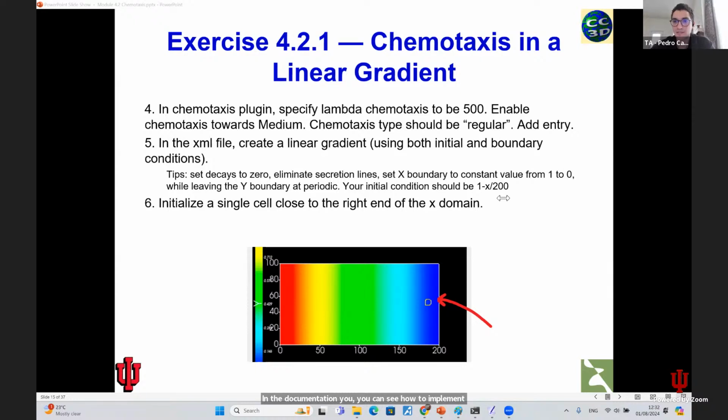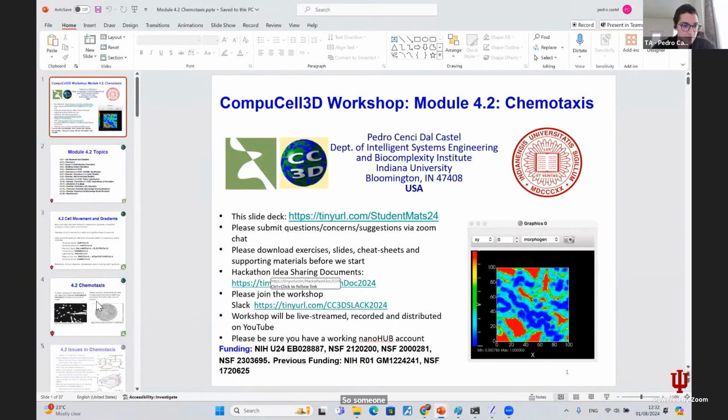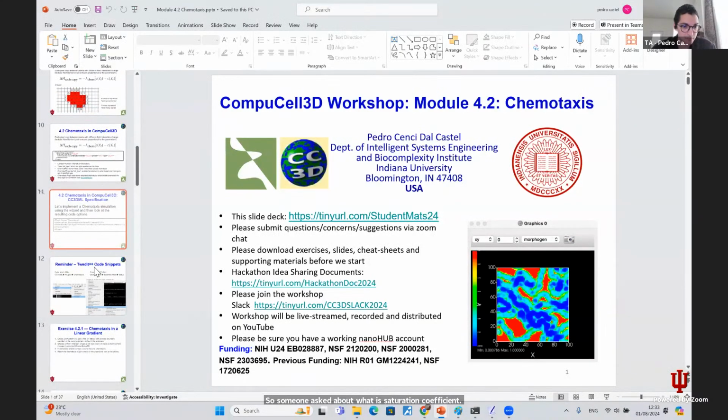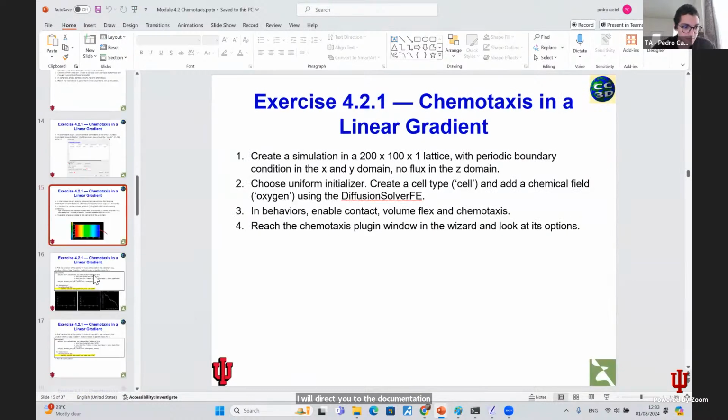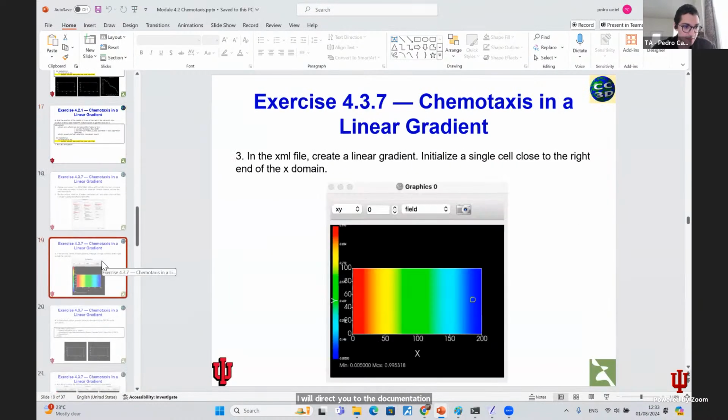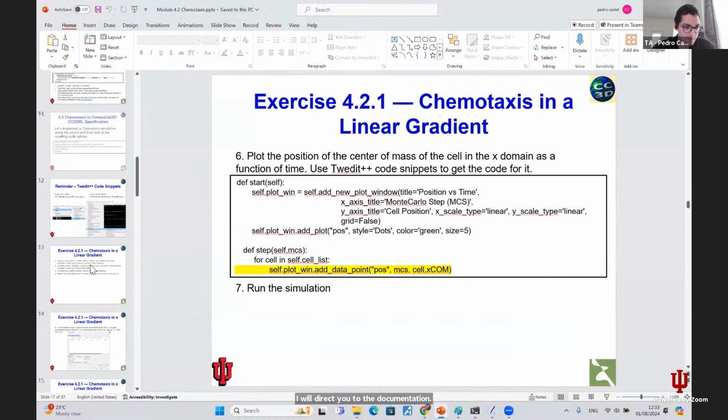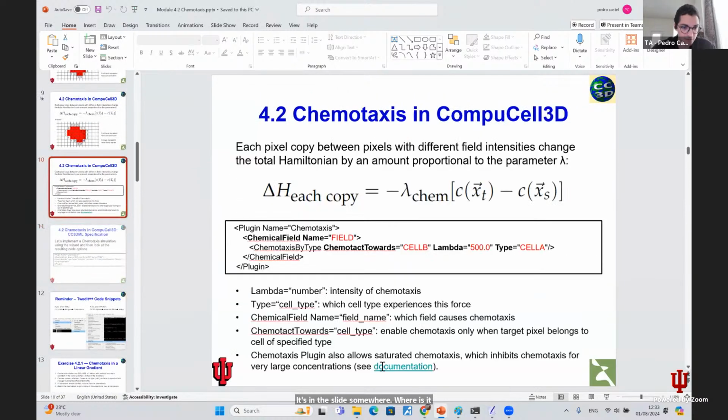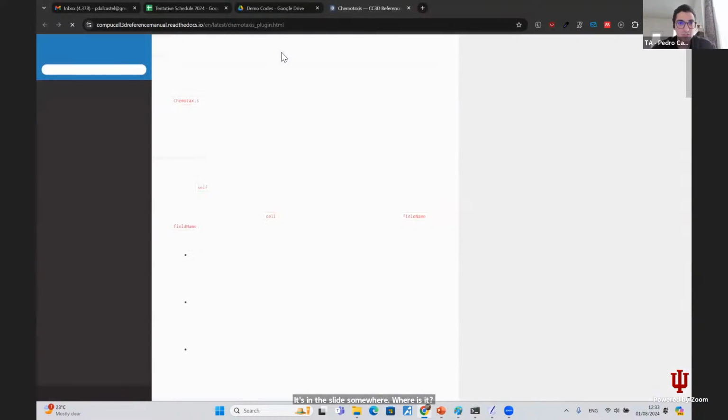So someone asked about what is saturation coefficient. I will direct you to the documentation. It's in the slide somewhere. Where is it? Here. This is the documentation.